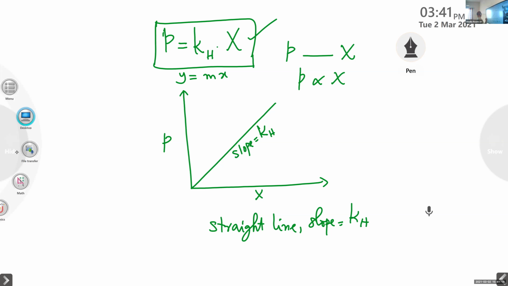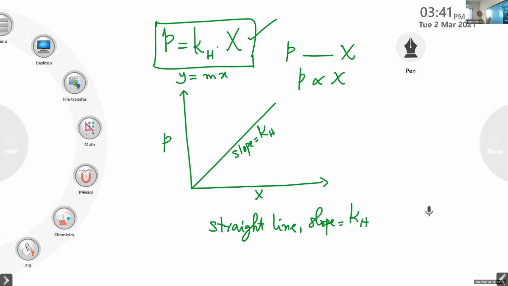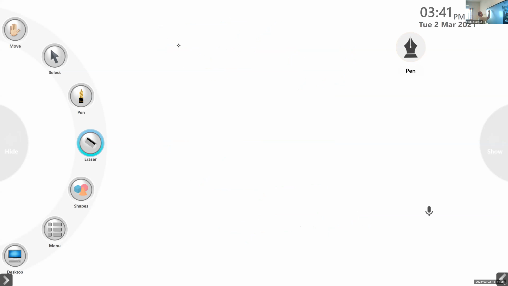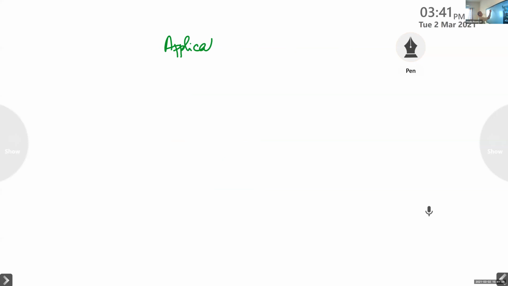Now, let us see the applications of Henry's law. The first one is about the solubility of gases in liquids, for example, the production of effervescent drinks.